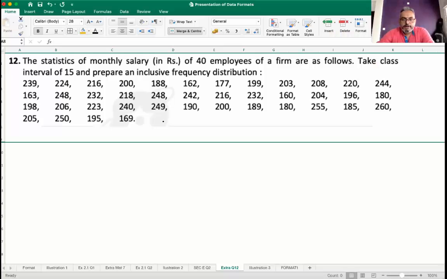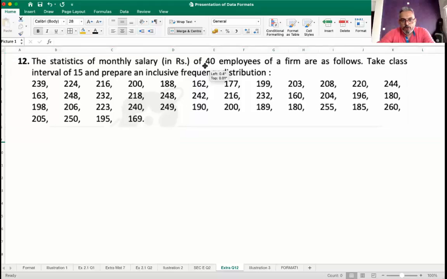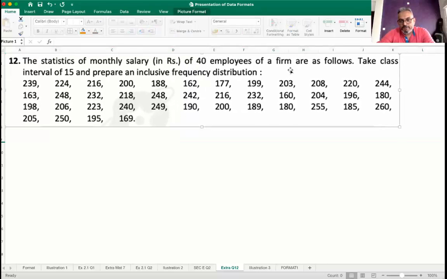Now, this question 12 is an extra sum. So, it is from extra material. The statistics of monthly salary in rupees of 40 employees of a firm are as follows.